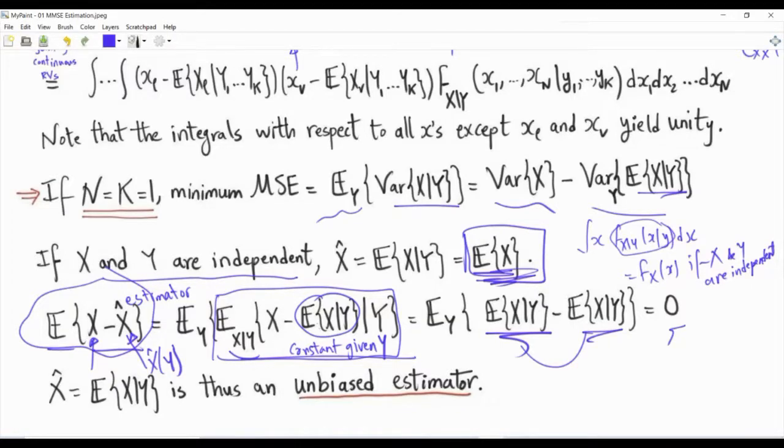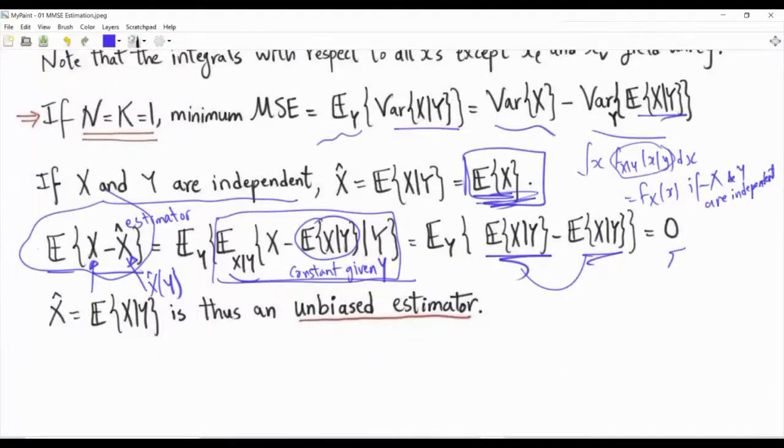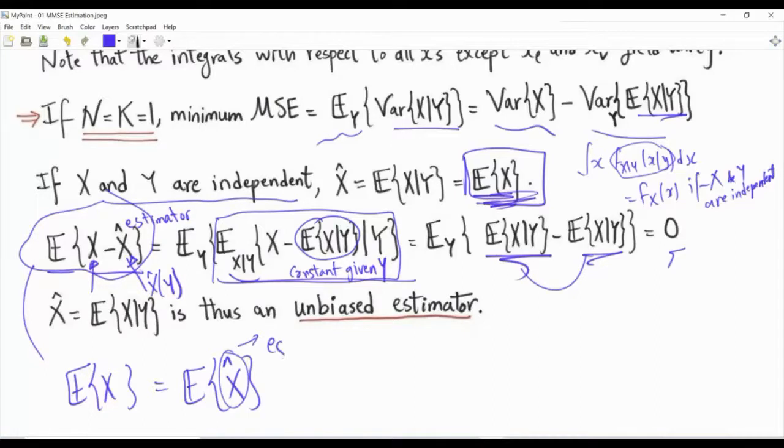This holds when we use x hat to be the expected value of x given y. And so what we have from here is that the expected value of x is equal to the expected value of x hat, which is the estimator. When we have an estimation technique that satisfies this relation, that the expected value of x is the expected value of the estimator of x, we say that the estimator is unbiased.